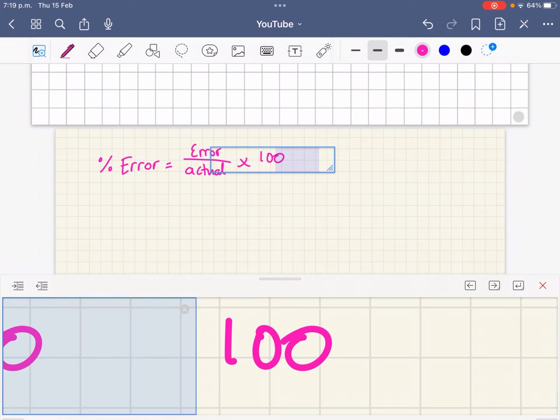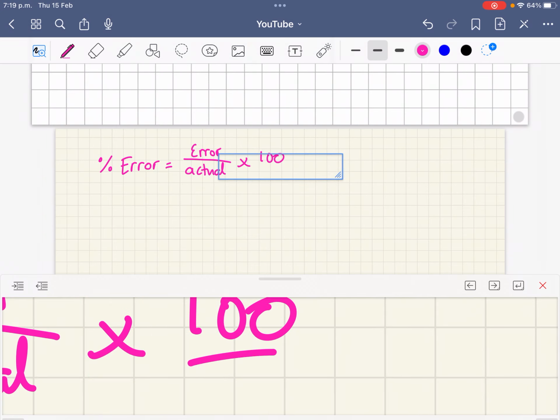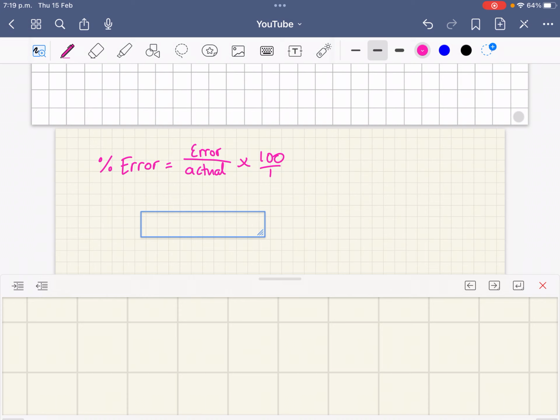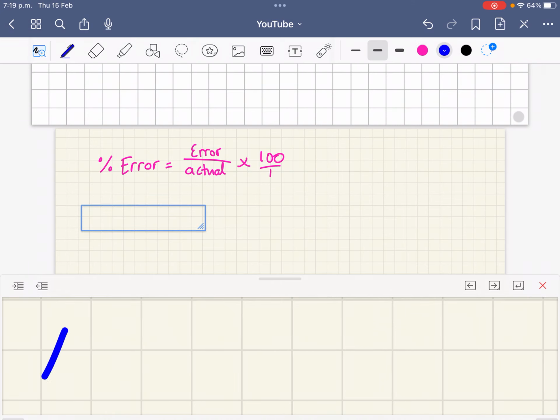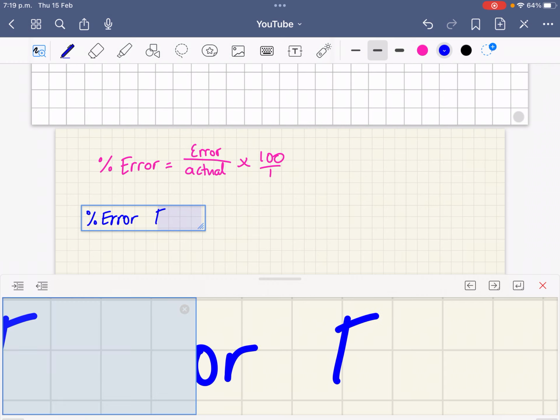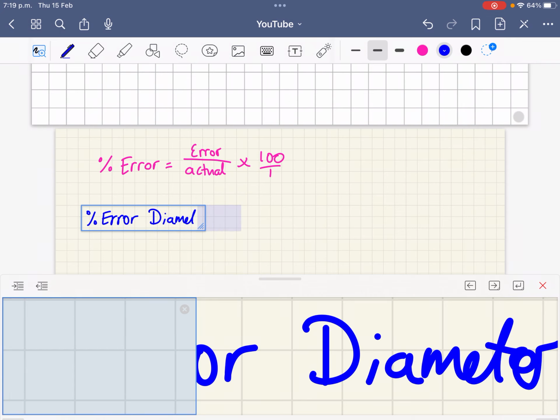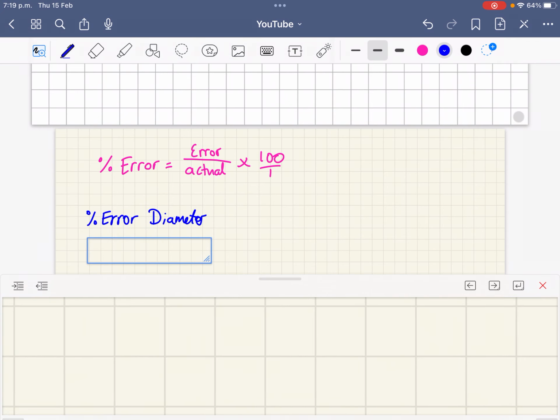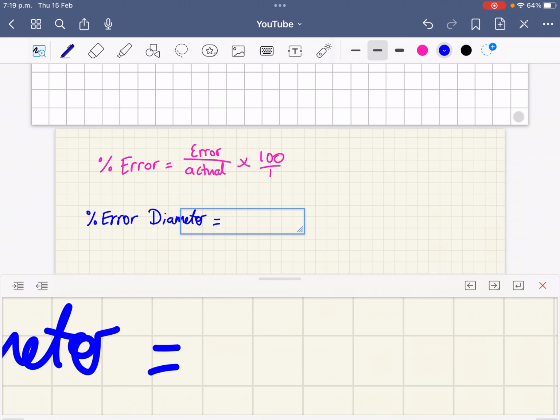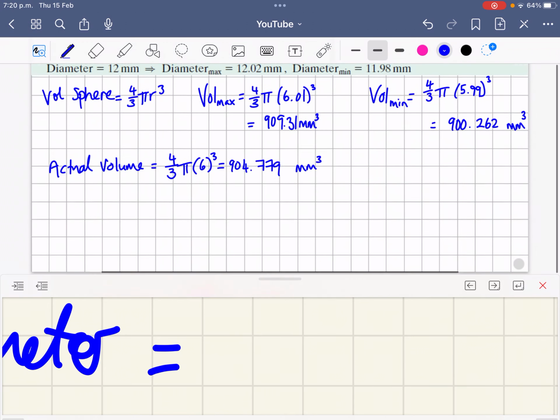So multiply it by 100, or 100 over 1, whichever you prefer. So for the percentage error of the diameter, the error is the difference in the two values.